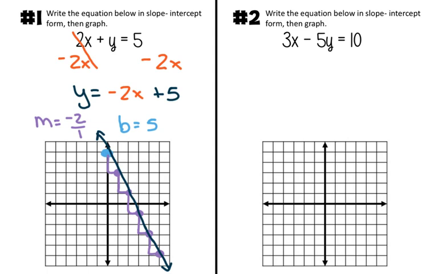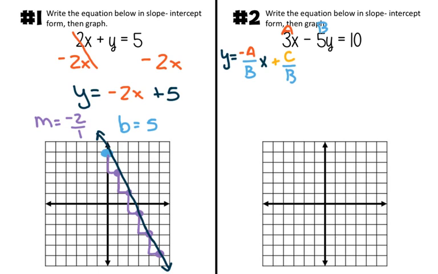Over here, I'm going to use that formula. So the formula would be y equals negative a over b x plus c over b. So the way to use the formula is we've got to label that. So 3 is a, negative 5 is b.